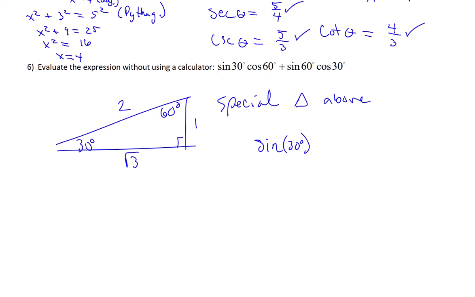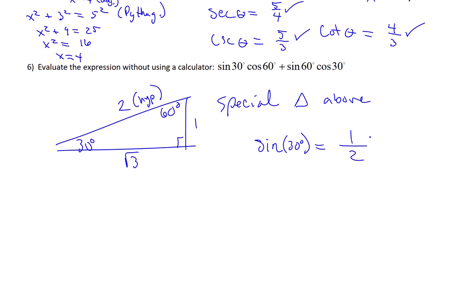For sine of 30, notice 30 is labeled in one of the angles. Sine is opposite over hypotenuse. The hypotenuse is the same no matter what, across from the right angle. That's always the length 2 in the 30, 60, 90 triangle. So if I want the sine of 30, I go opposite 30, that would be where the 1 is, over the hypotenuse, which is 2.